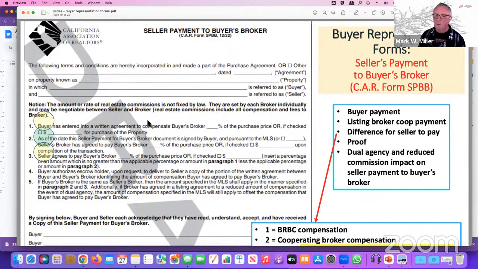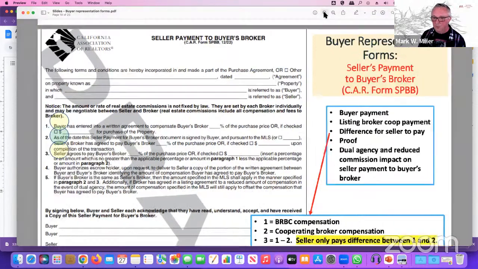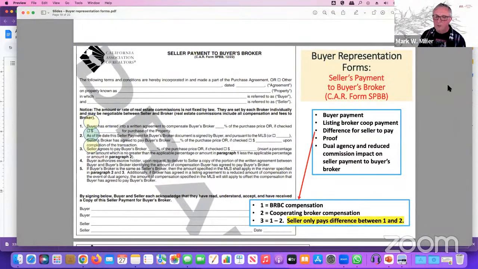So many agents are using it and confusing it with the cooperating broker compensation agreement. So this SPBB is only used when you have a buyer representation agreement.